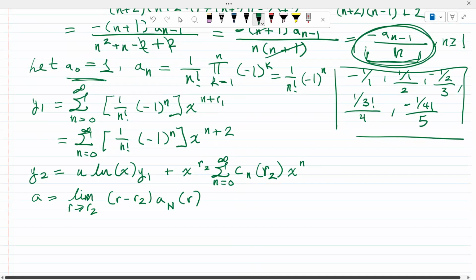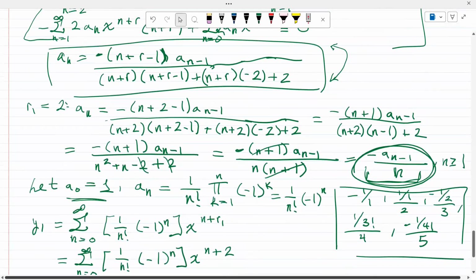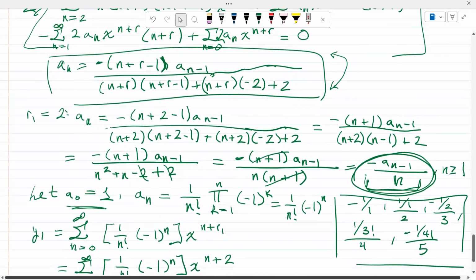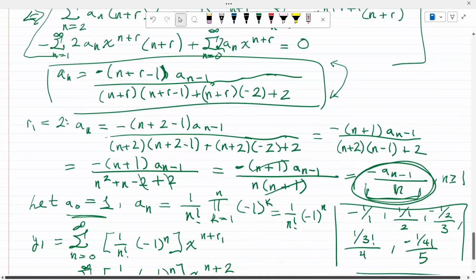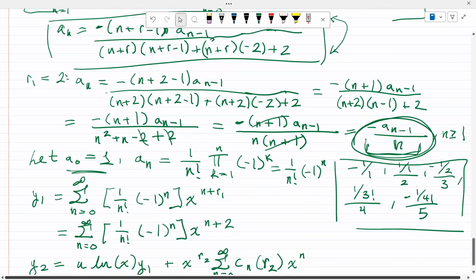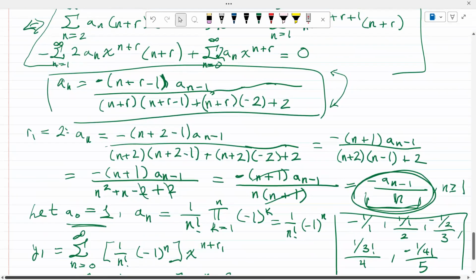Now for this function right here, we actually want to look back at this original expression all the way back up here.